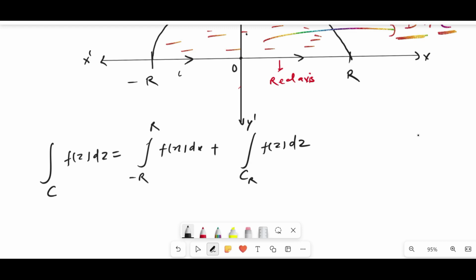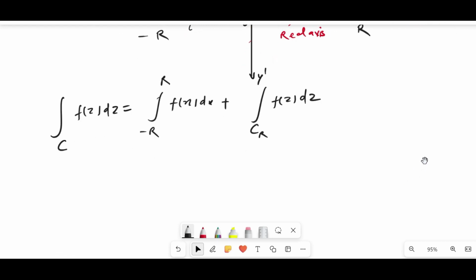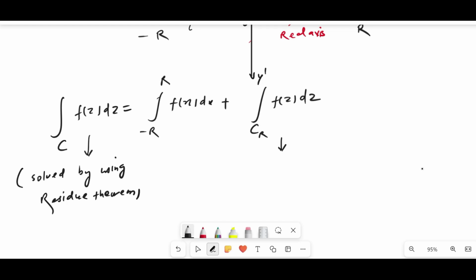We need to find these: this will be solved by using the residue theorem, and this integral will be solved by using the ML inequality.